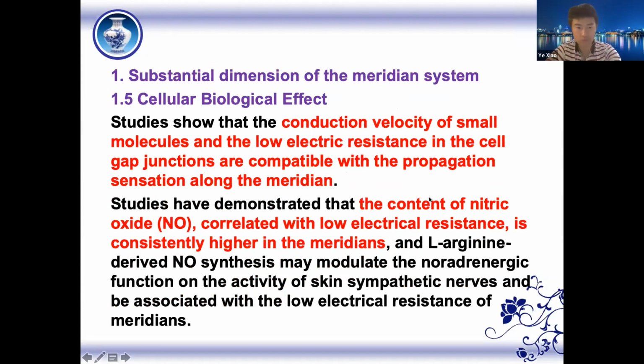Studies show that the conduction velocity of small molecules and the low electric resistance in the cell gap junctions are compatible with the propagation sensation along the meridian. Studies have demonstrated that the content of nitric oxide, correlated with low electrical resistance, is consistently higher in the meridians.